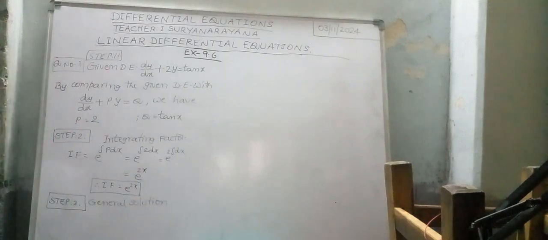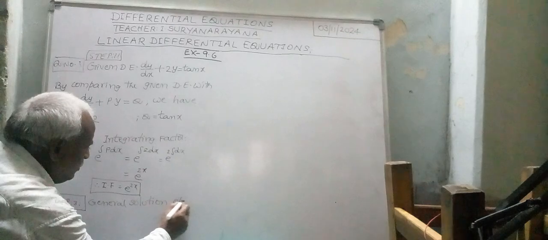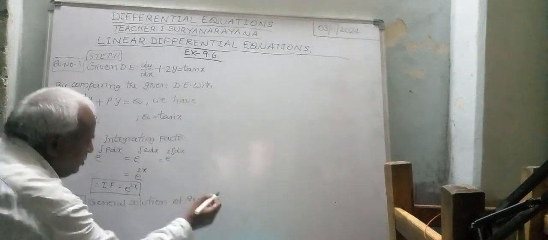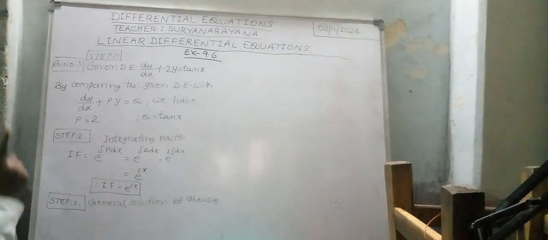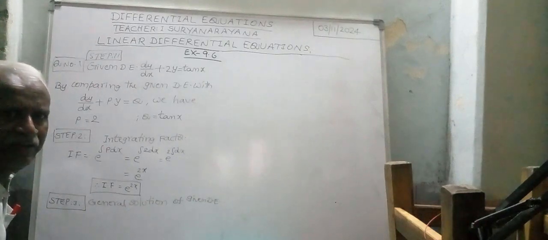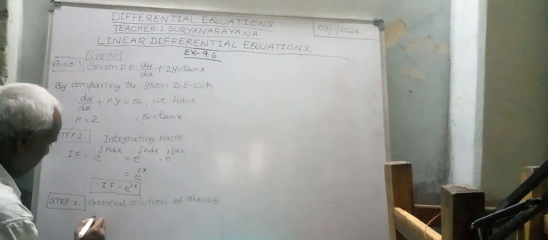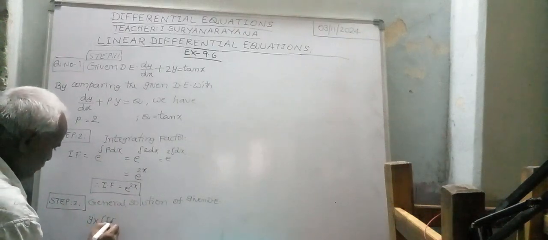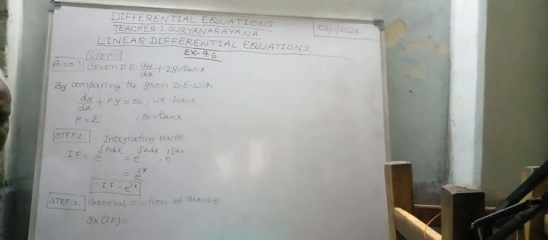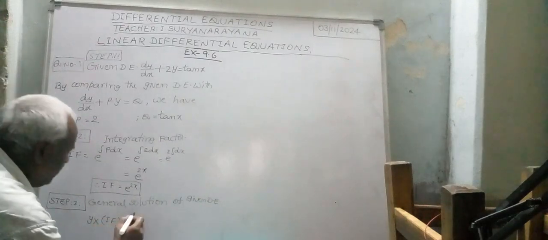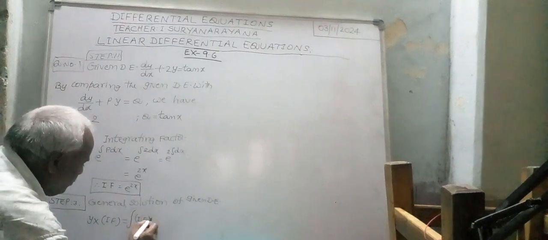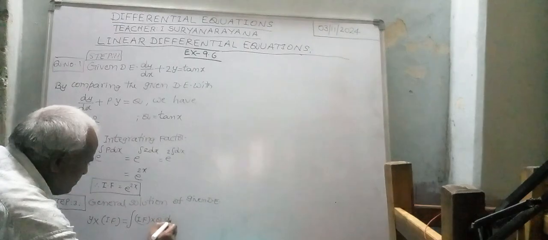Step 3, general solution of the given differential equation. What is the general solution of the given differential equation? Y into integrating factor is equal to integral of integrating factor into q dx.